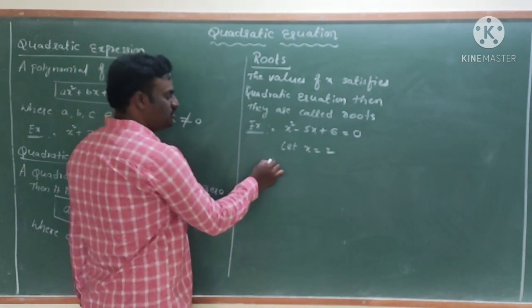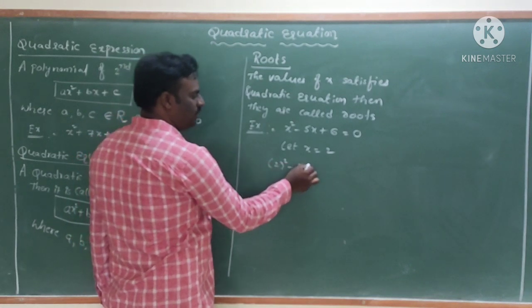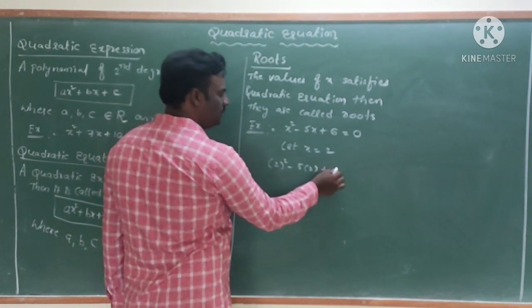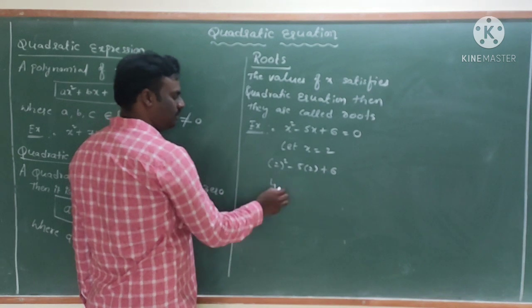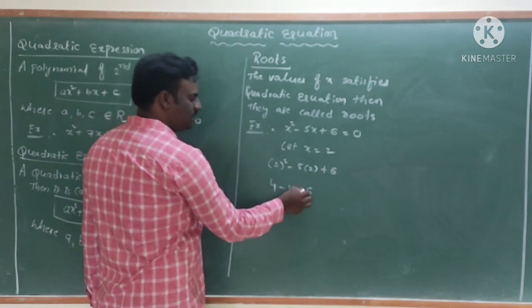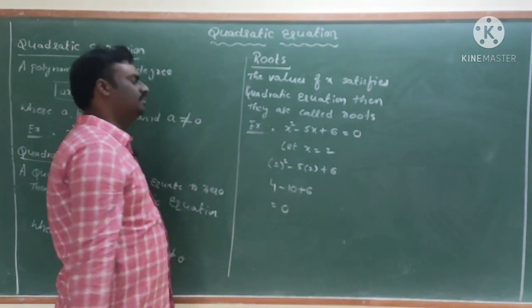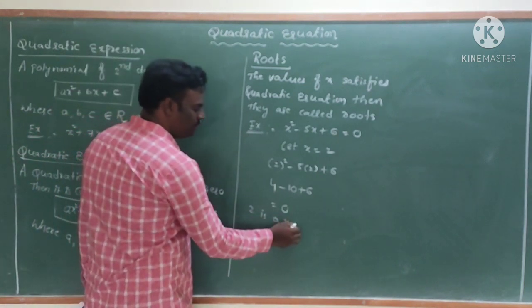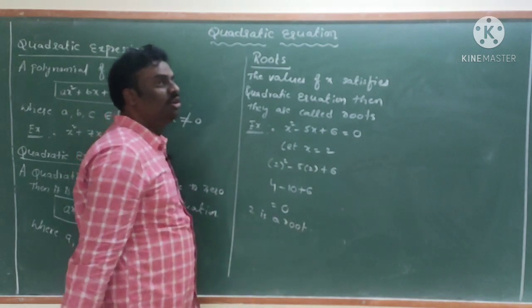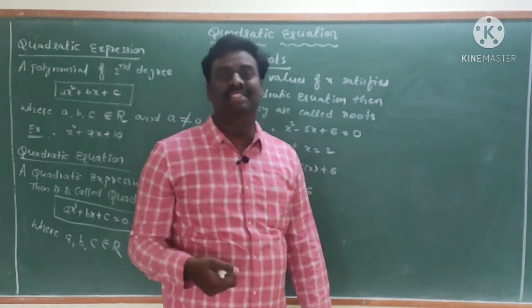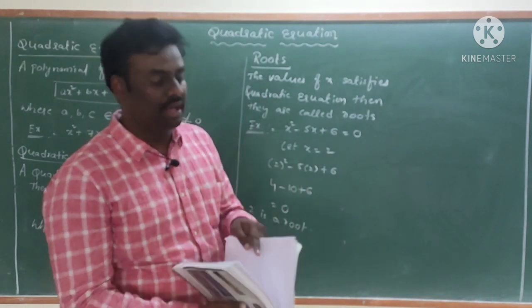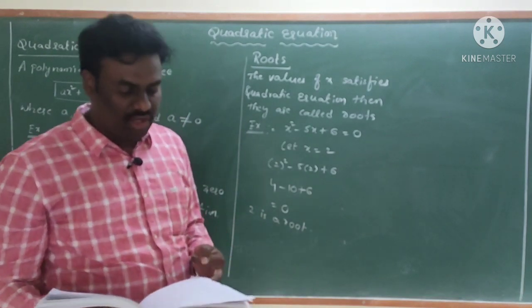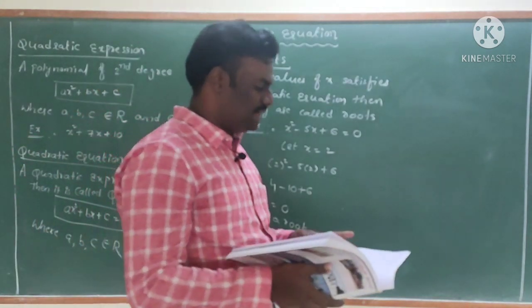Check it. 2 square minus 5 into 2 plus 6, 4 minus 10 plus 6, answer 0. Therefore, 2 is a root. Understood? Root means the value of x which satisfies the quadratic equation. So that is called roots of a quadratic equation.